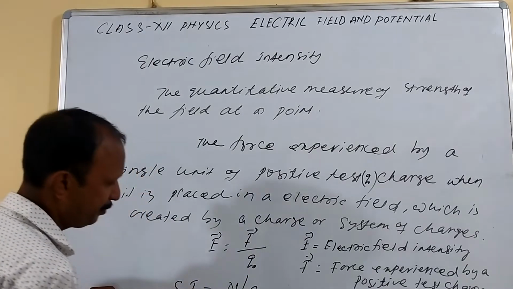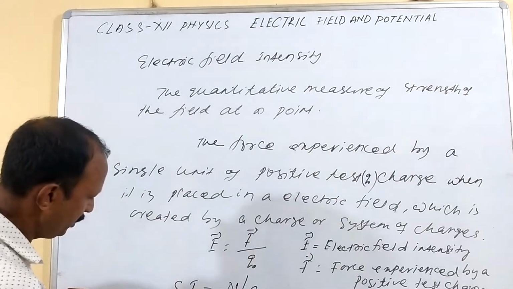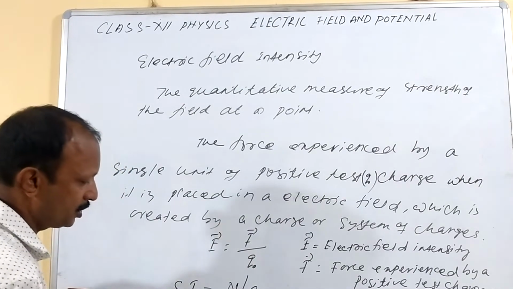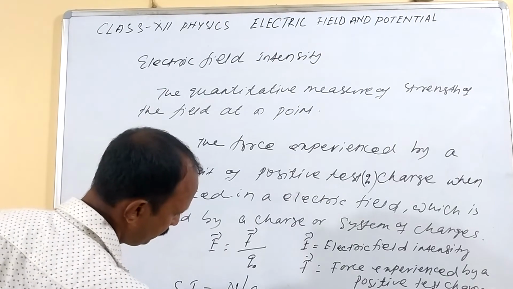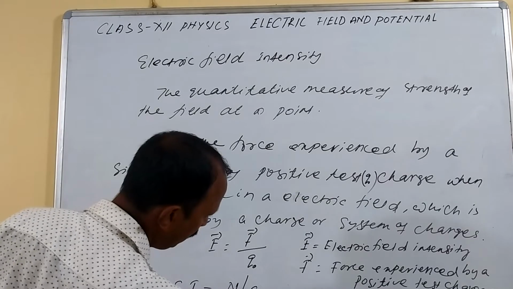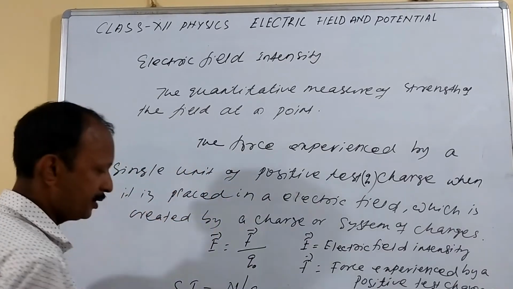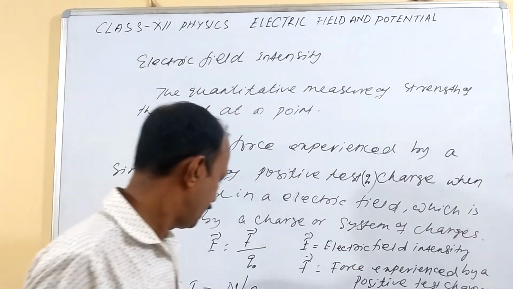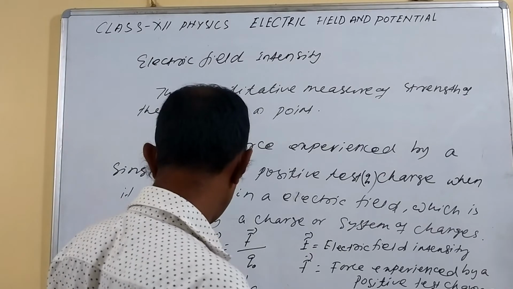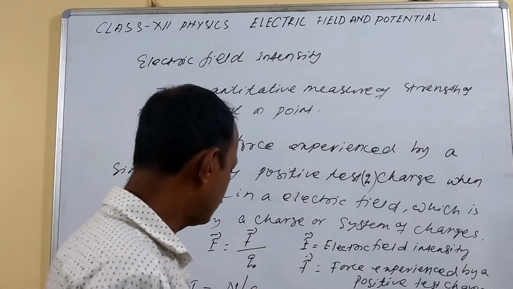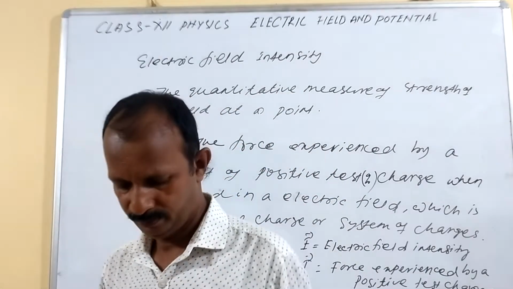In SI system it is Newton per Coulomb, and in ESU, the electrostatic unit of CGS system, it is dyne per stat Coulomb.